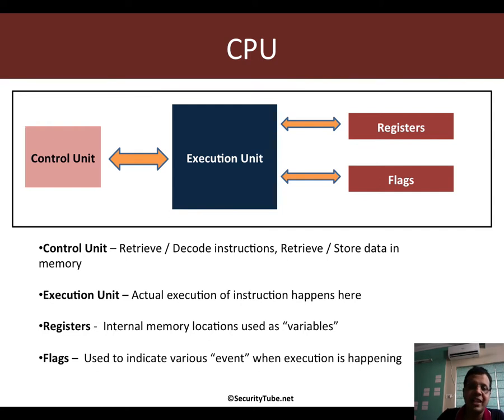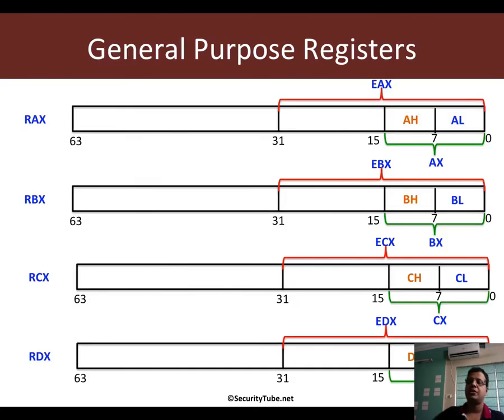This is a very high level description, but honestly, I think we need not go too deep into how the execution unit, the control unit, and all of these work, simply because that would be more relevant from a computer architecture and design perspective. So let's jump into the registers.